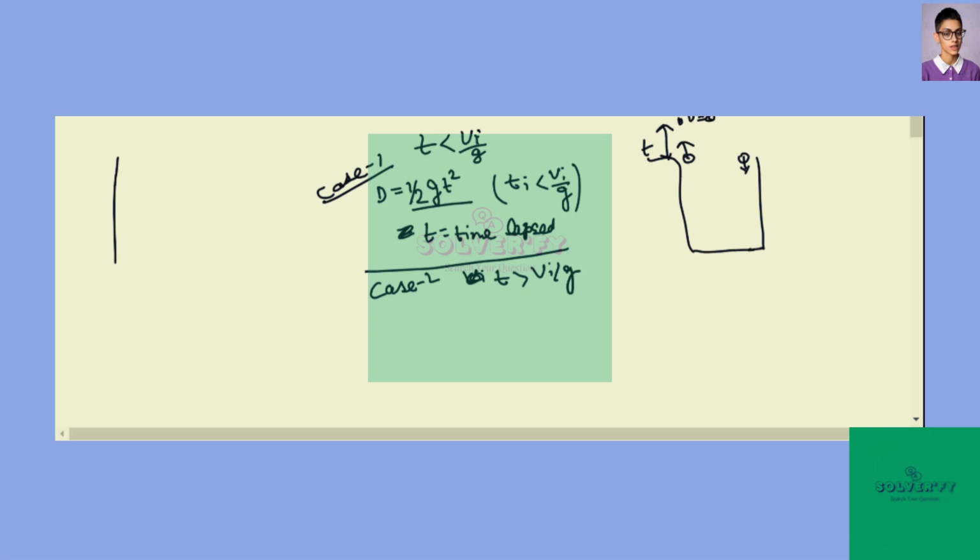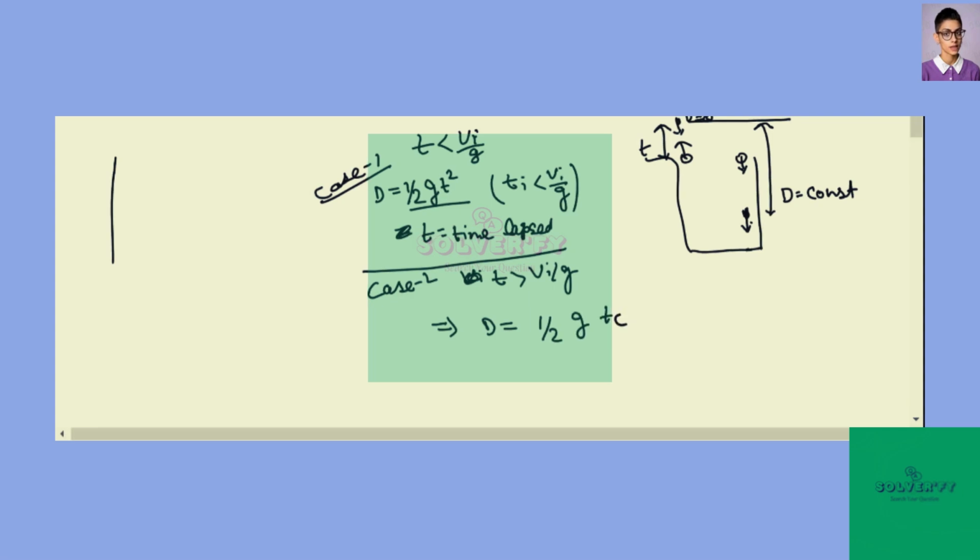For case 2, the distance will become constant, because let's suppose after time t the upward ball has reached the top and starts falling down. Since both are in the same direction and the same g is present, the distance becomes constant. What will this constant value be? It will be half of g of t critical square, where t critical is the time till it reaches upward.